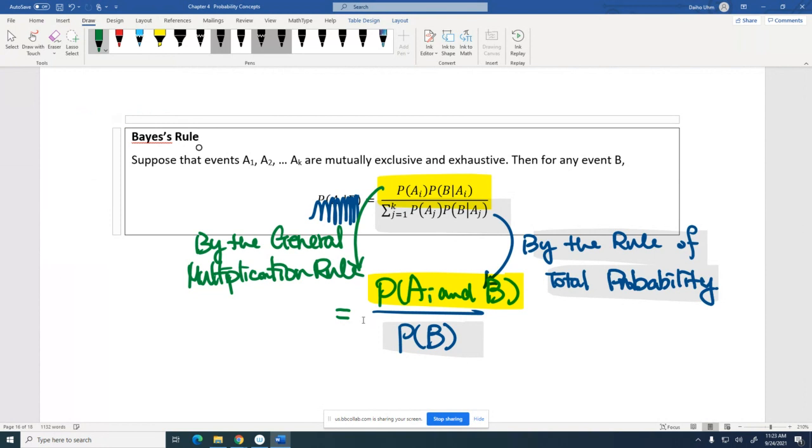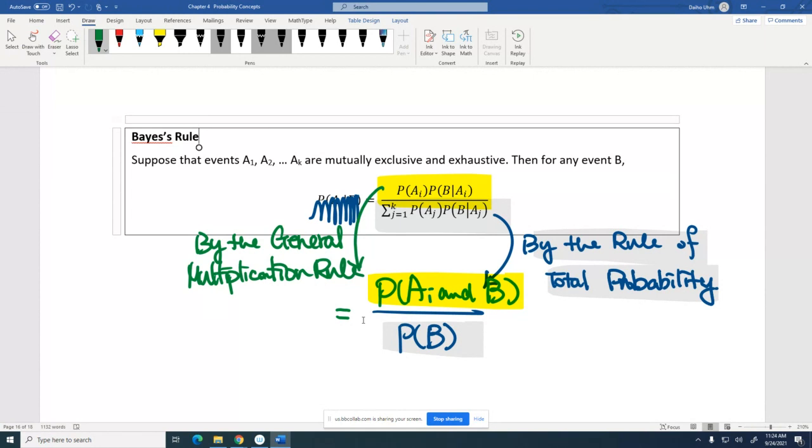Don't forget the index of I. By the two rules, we can rewrite the fraction on the right-hand side of the Bayes rule. It will be the same as the probability of A and B over the probability of B. The fraction of the two probabilities: the joint probability over the marginal probability.